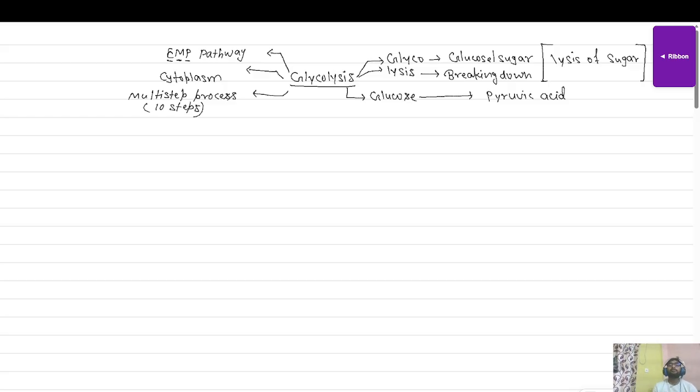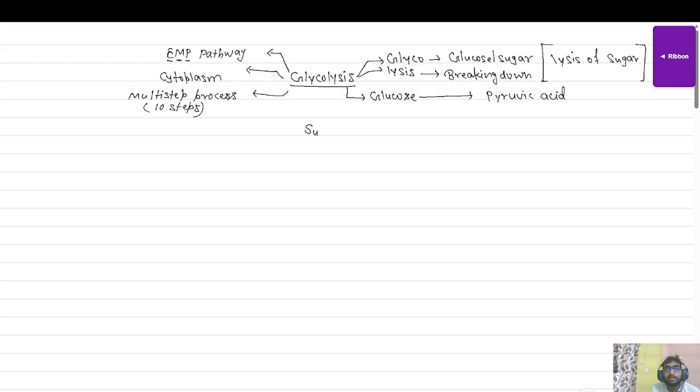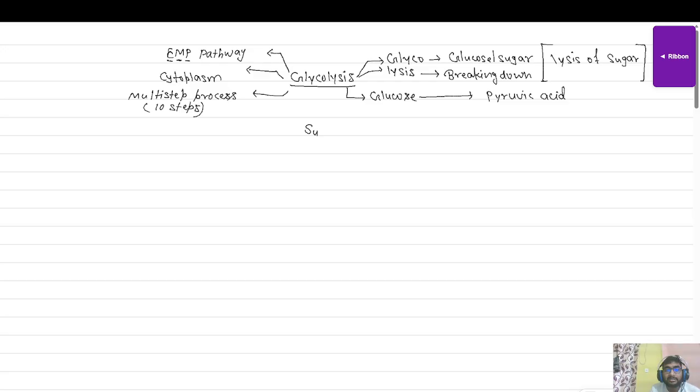Now let's look at how many steps there are and the significance of those steps. Let's start with sucrose. Initially our body has sucrose or sugar molecules. Sucrose will be converted to glucose.